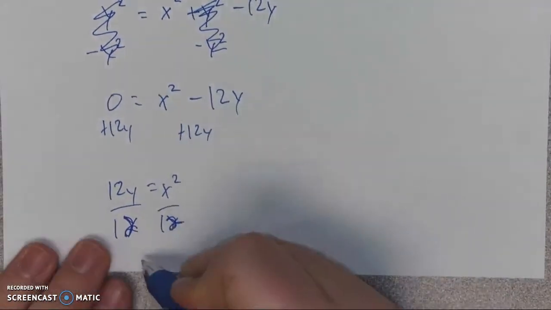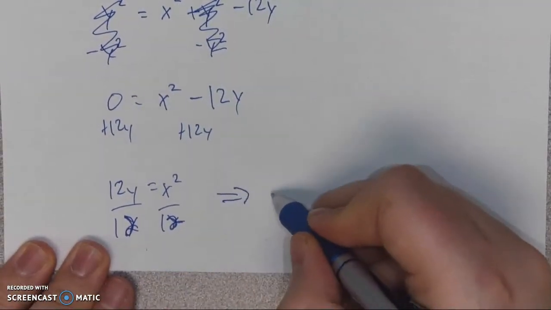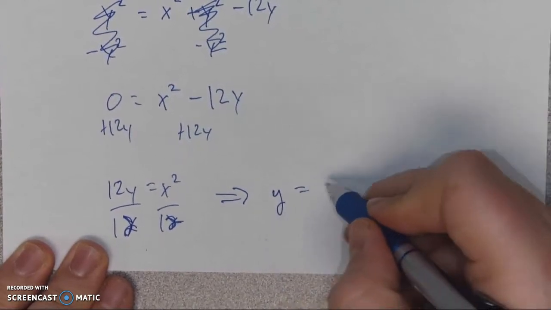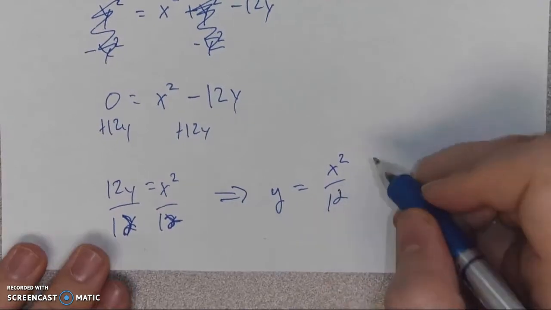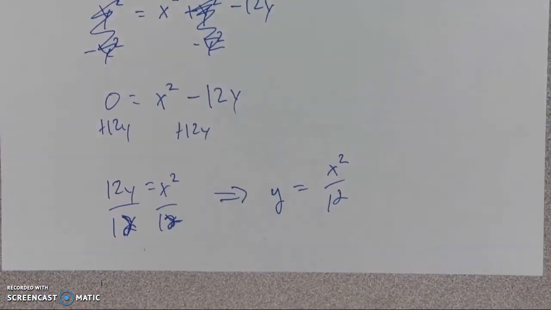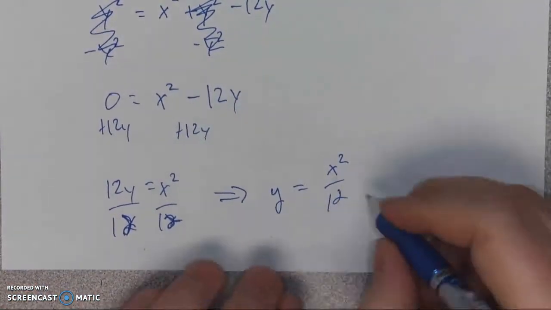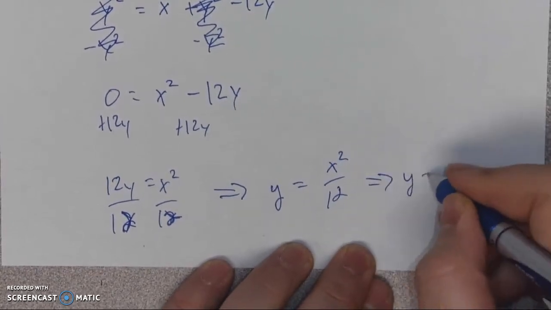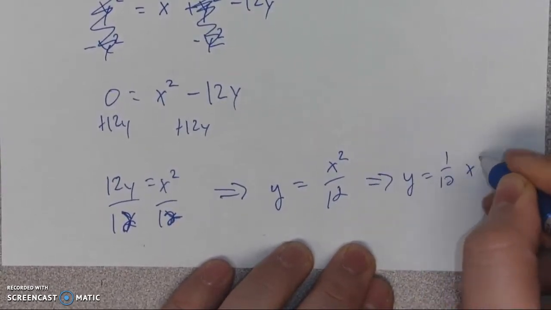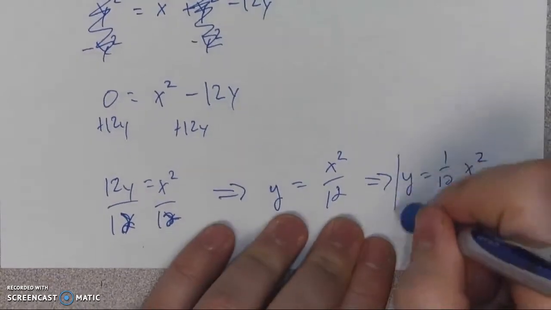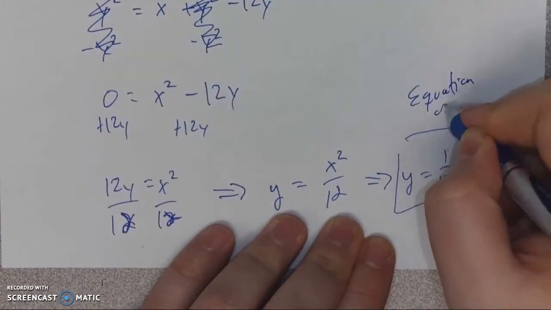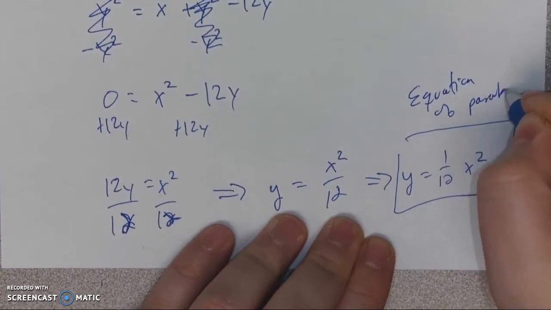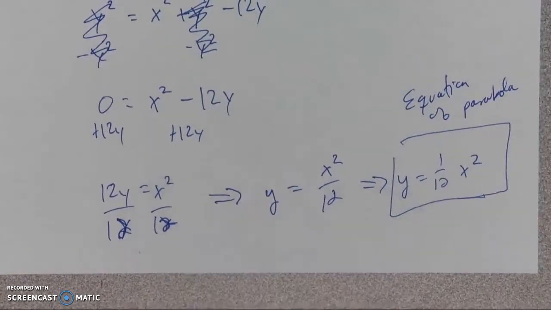So this would give you y equals x squared over 12. But if we're being consistent with the notation that your book is using for the equation of a parabola, we really want to say y equals 1/12 x squared. So this is the equation of the parabola.